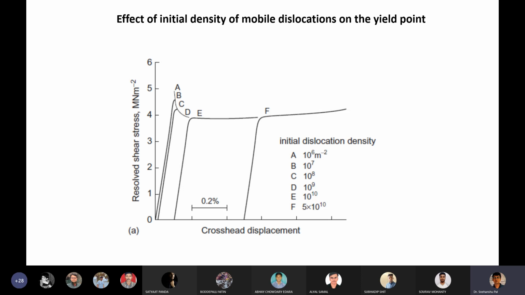Regarding this, a lot of reasons are there, but still people are working on that. From an atomistic simulation perspective also, we are looking at that. So at the macro scale, the reason is like that. The mobile dislocation density is lowering, which means ductility is less.